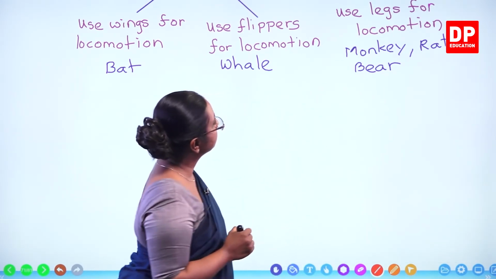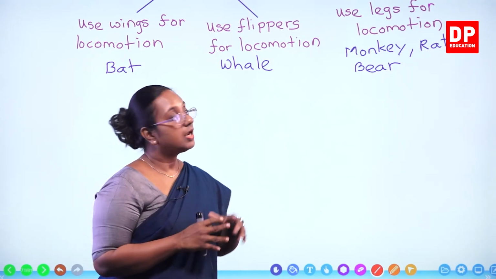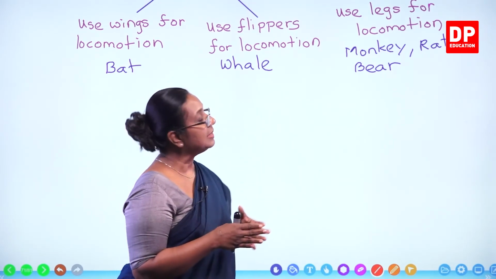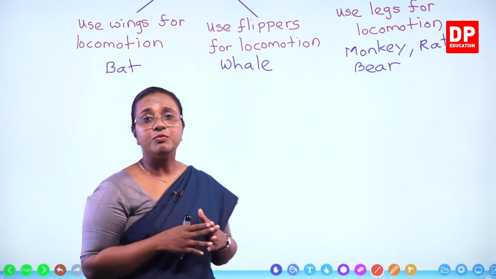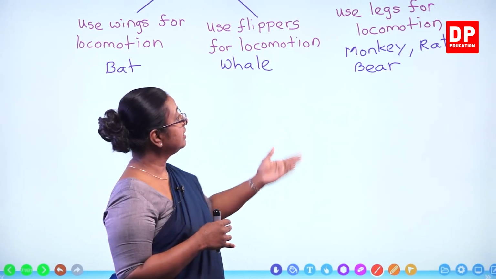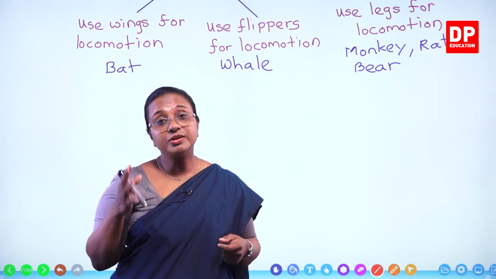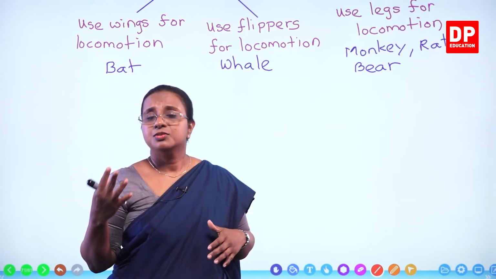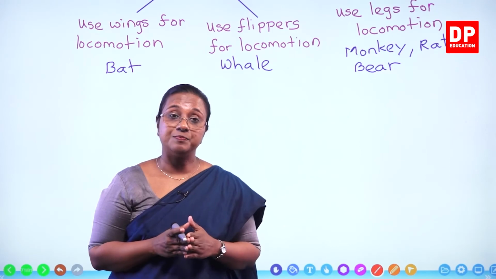How can we classify them? Monkey, rat and bear. Now, we can consider their habitat. If we consider the habitat, all of them live on land. Although monkeys can climb trees, even bears can climb trees, rats also can climb, but normally they live underground. So, that is not a very suitable property to classify them.